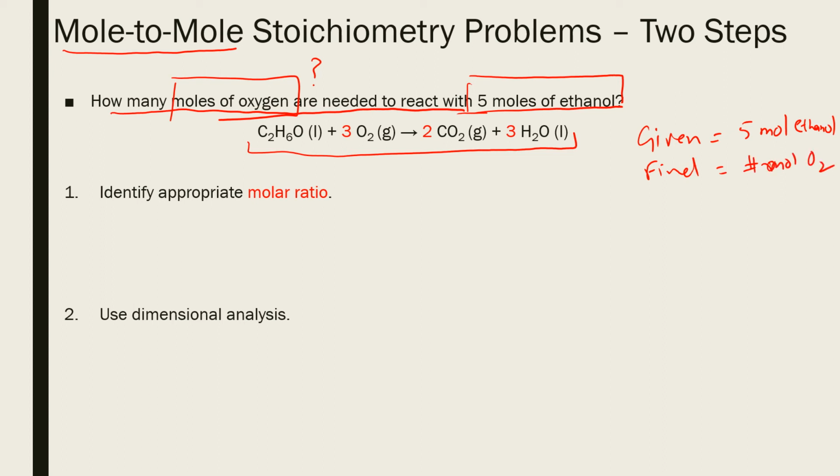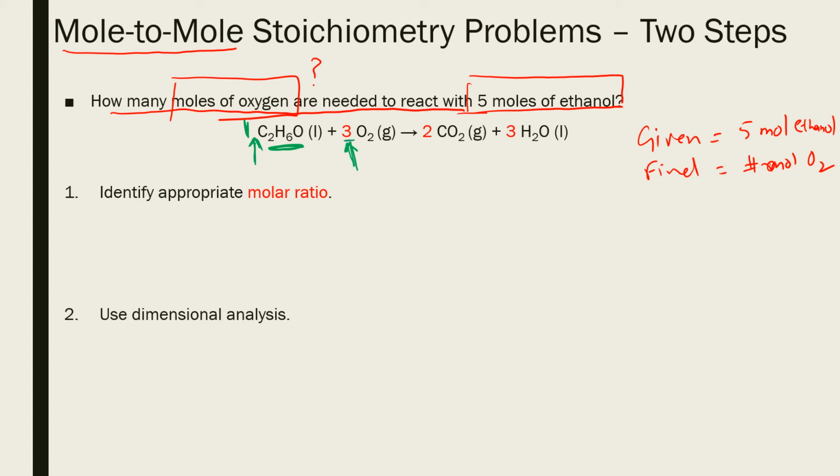So we need to relate ethanol and oxygen. We go back to the balanced equation and see what the mole to mole relationship is between ethanol and oxygen. If we look carefully, the coefficient in front of ethanol is 1, and the coefficient in front of oxygen is 3.